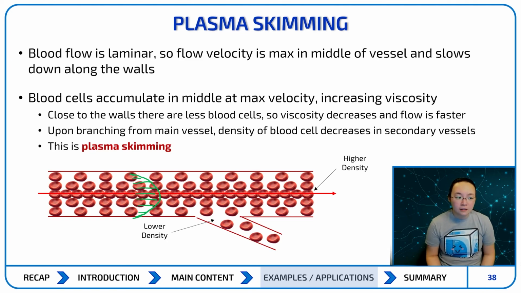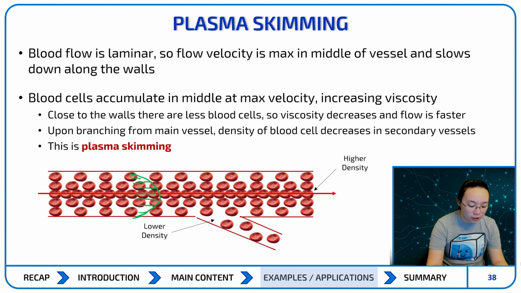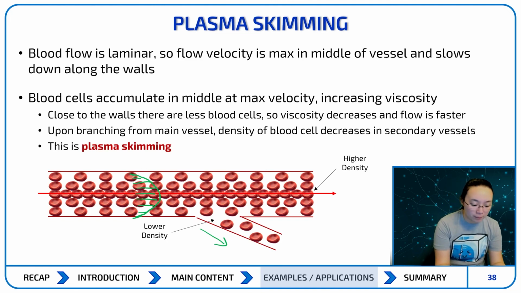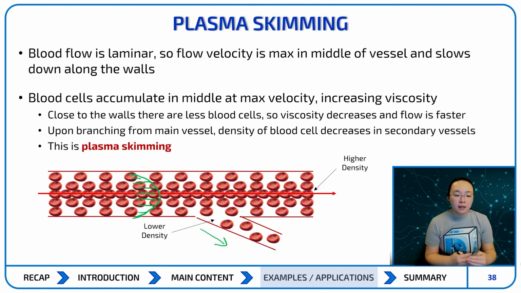In this case, what happens here is that when a blood vessel branches off in this direction, the density of blood cells will decrease in secondary vessels, because all of your blood cells are now accumulated in the center of your main blood vessel, but there are fewer on the outskirts, on the walls.